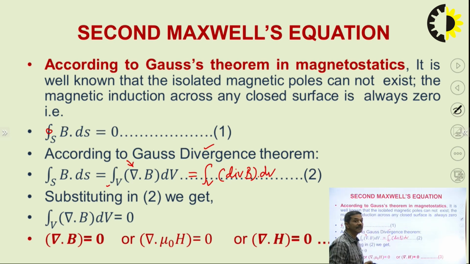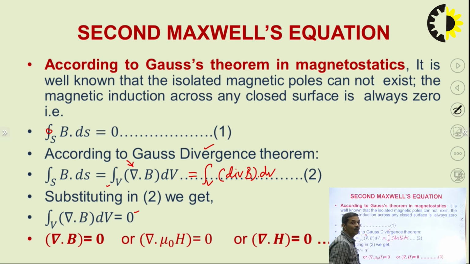So now from equation 2 and 1 we can put this equation in this form: volume integral over a volume V of del dot B dV equal to 0.